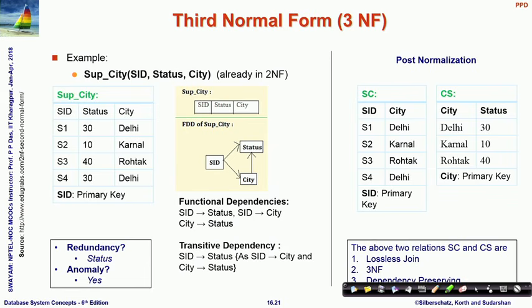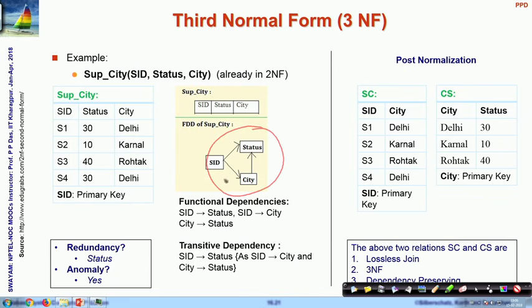So, here is the earlier example, where, if you note this diagram, you can see that SID determines city and city determines status. So, this is a transitive dependency, that SID determines status. If that happens, then status becomes redundant, and therefore there could be anomalies.